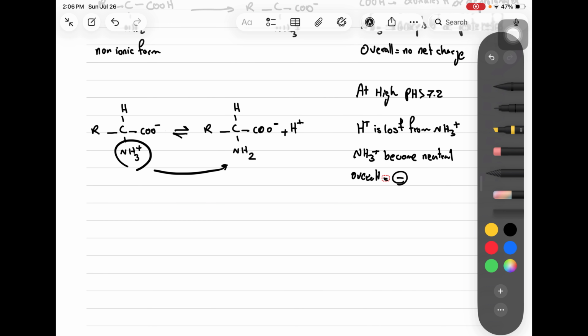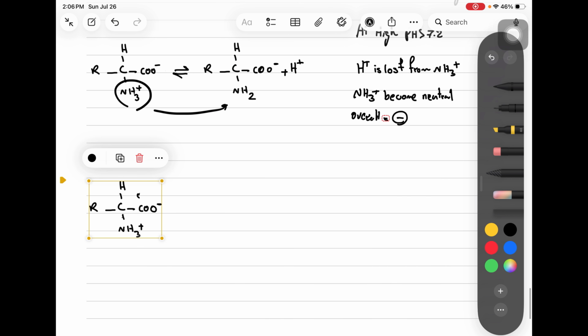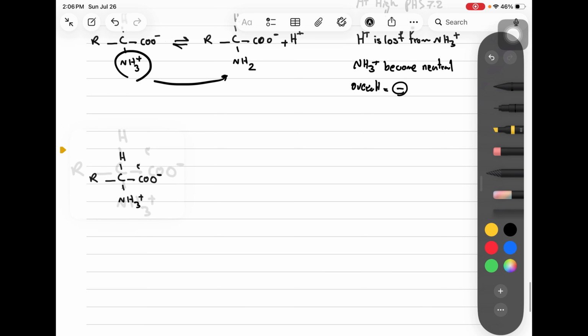Now we're gonna go for the low pH conditions. Sorry, we're gonna have an arrow here and then C R. Okay.